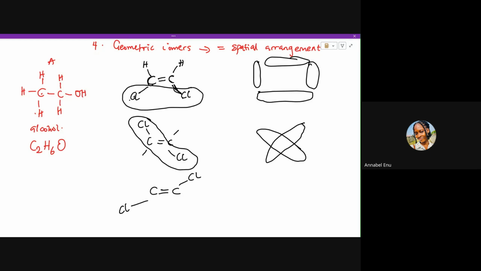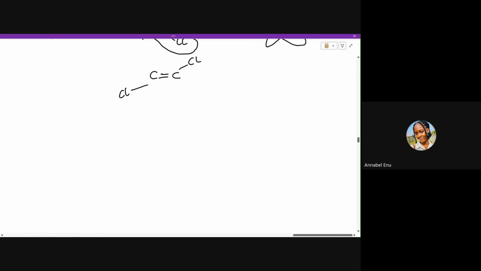So when we want to name something like this, we won't just say dichloroethene, but we'll say cis dichloroethene. What's the dichloro from?